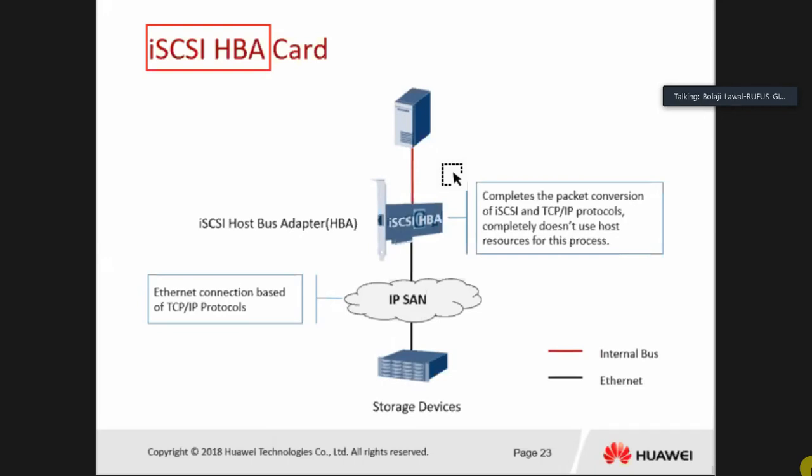I also said that your HBA card installed on your host brings the host CPU resource consumption during the data transmission to a minimum, because this card has its own processing CPU. So it does its own iSCSI command encapsulation to TCP/IP for onward transmission. It is very reliable, and it does not rely on the CPU resources. It has its own inbuilt resources.